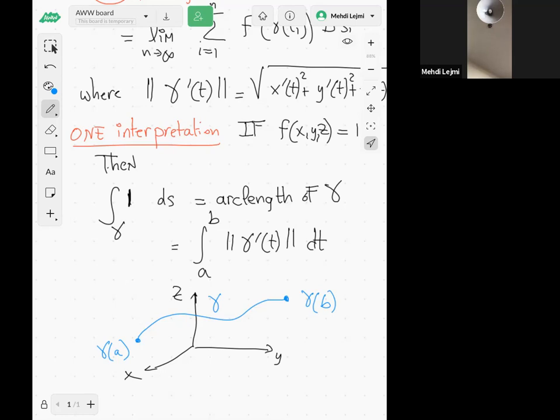And what I'm saying is that the length of this curve gamma is equal to the integral of 1 along the curve gamma. This is kind of powerful.